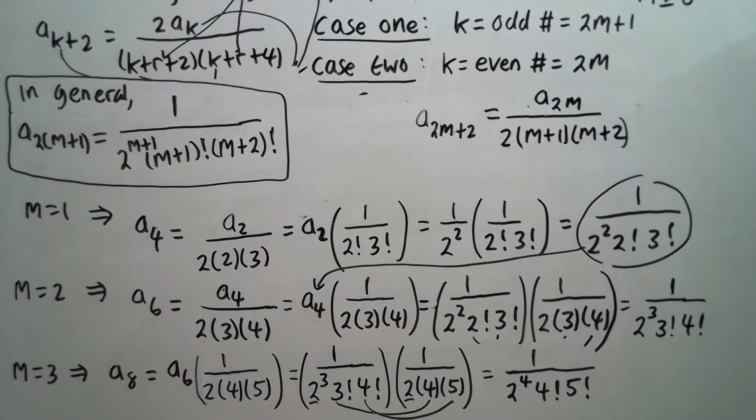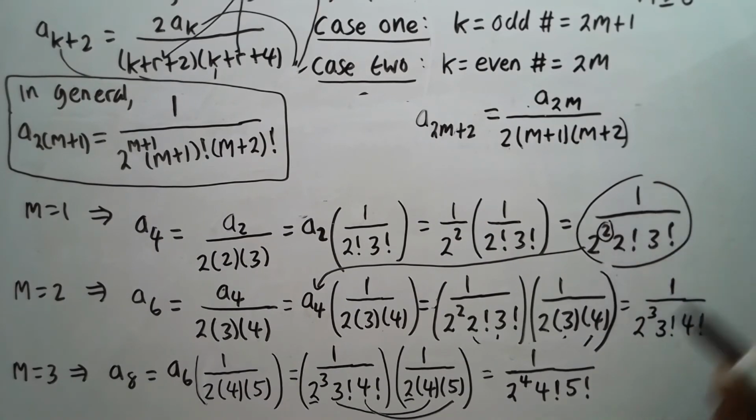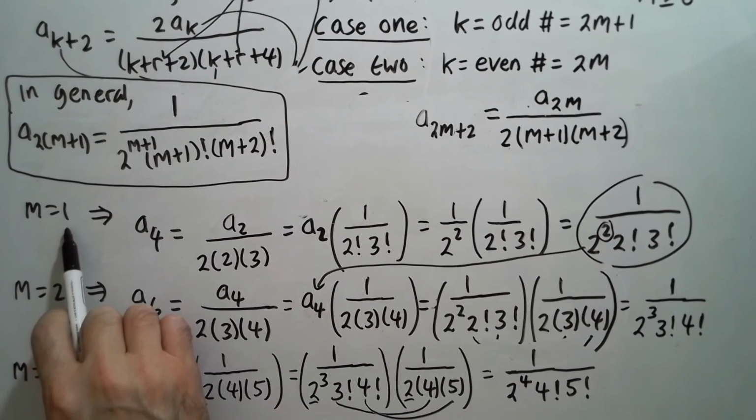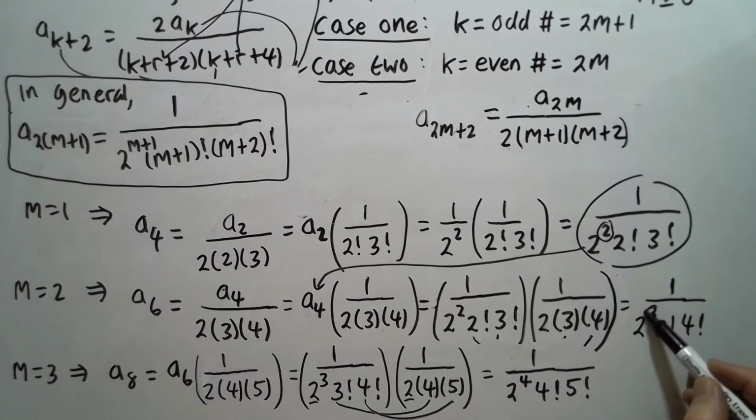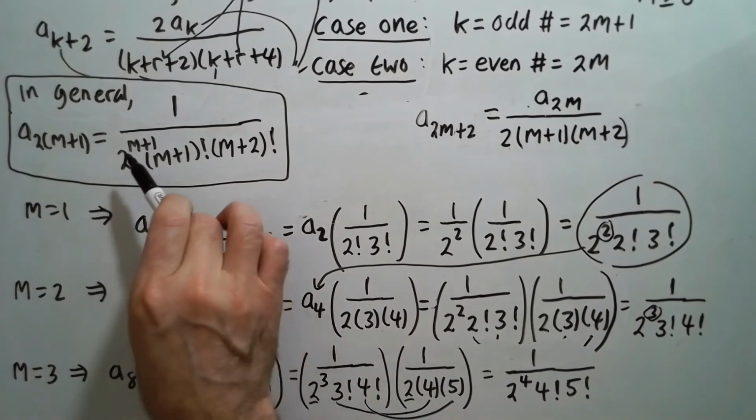Notice this 2 here is related to the 1 here. It looks like it's 1 more, and this 3 is 1 more than that, and this 4 is 1 more than that. So it looks like it's the m value plus 1. That's how I got that.